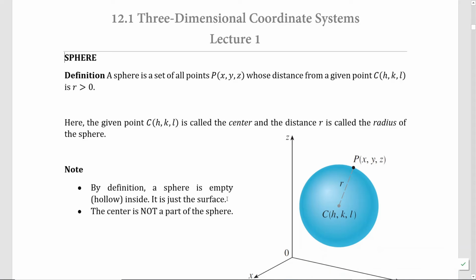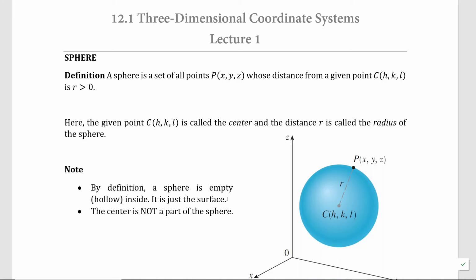Now we'll see an application of this distance formula. In this section, we'll begin our discussion with a sphere. Let's have a definition. A sphere is a set of all points in space whose distance from a given point C, whose coordinates are h, k, l, is r.